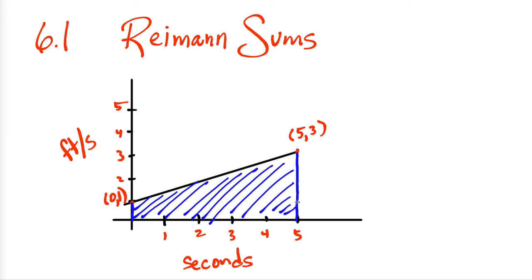Do you guys vaguely remember doing that? Yeah. Okay. If I remember correctly, you had to find the area above the axis or below the axis, something like that. I think it was position, velocity, acceleration type problems.